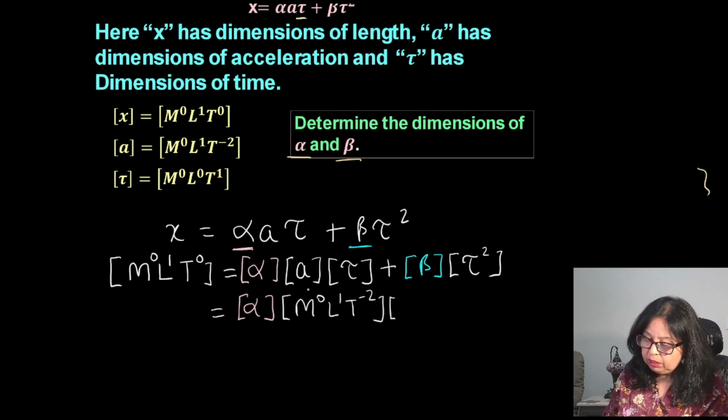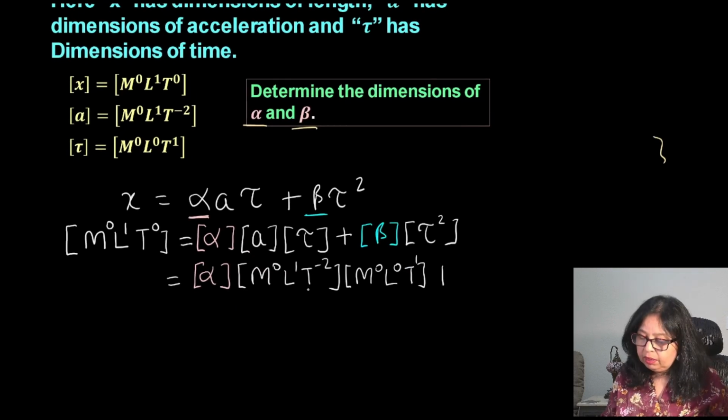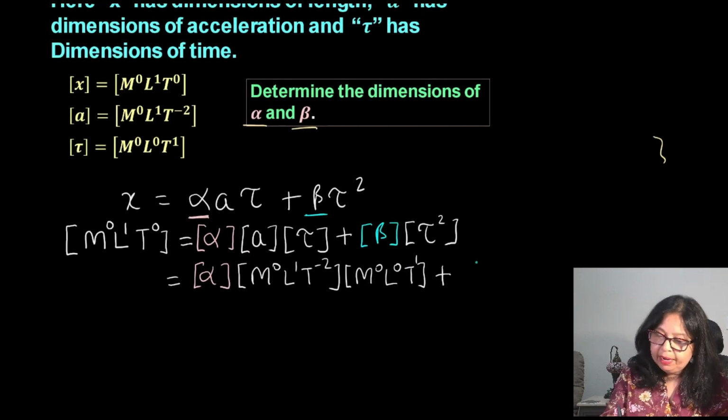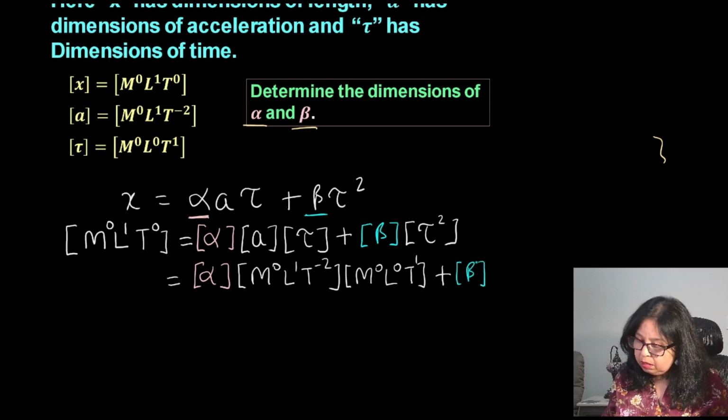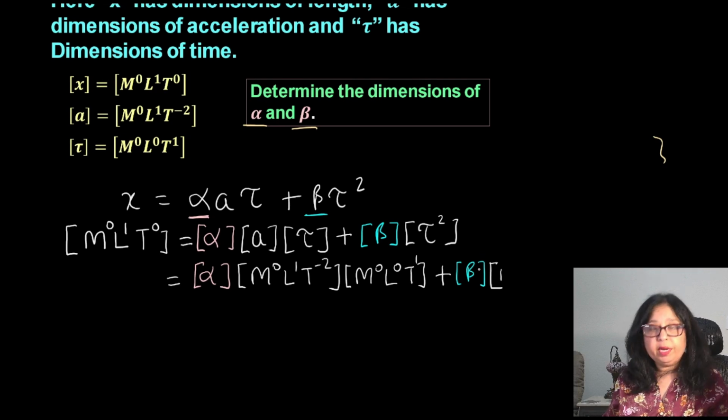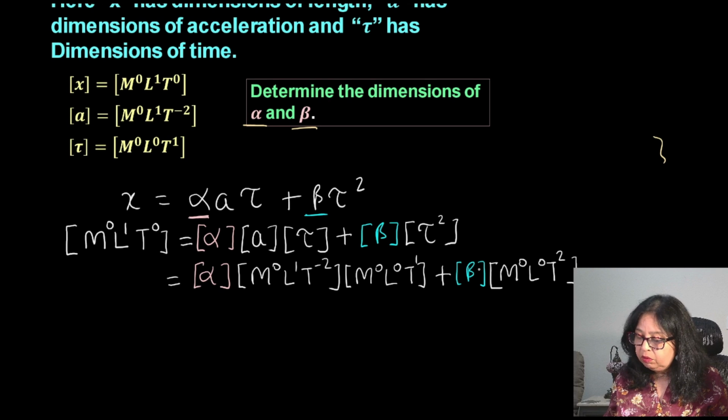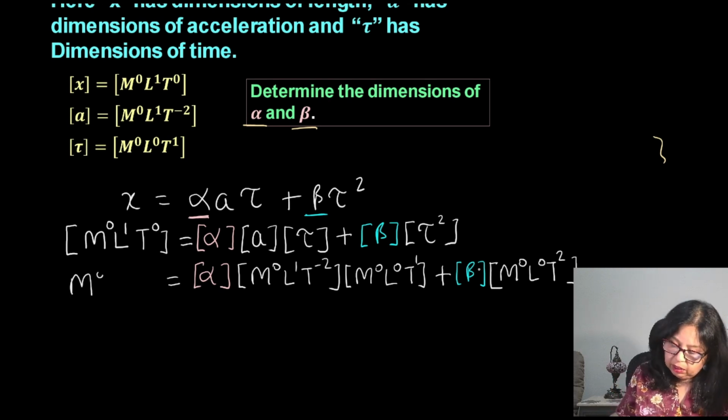The dimensional formula for tau is M0, L0, T1. Then I have the dimensional formula for beta times the dimensional formula for tau squared, which gives us M0, L0, T to the power 2. And on the left-hand side, I have M0, L1, T0.